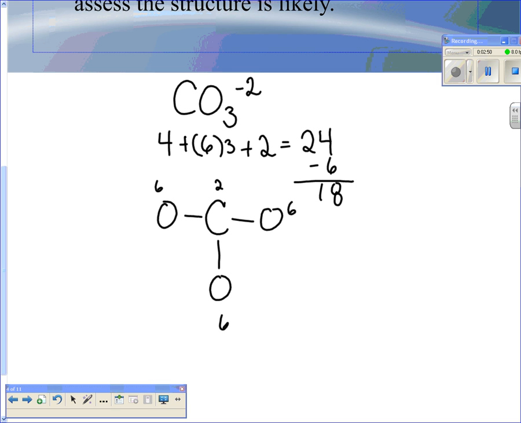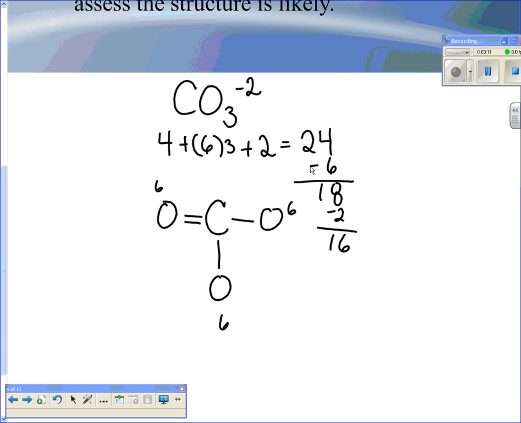So what I kind of call this is a 2-for-1 coupon. I'm going to come in and make a double bond on one of these. So I'm just going to start over here. And when I do that, I use up an additional 2 electrons, so I can't forget to subtract those. But now I can redo my math. How many does carbon need now?